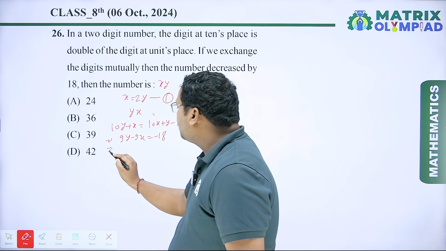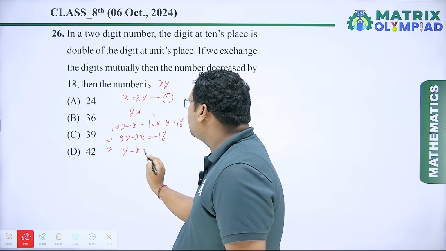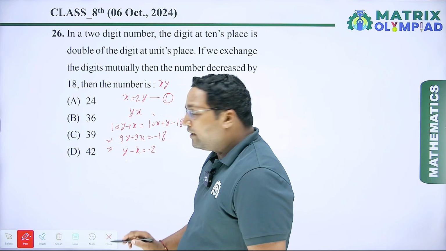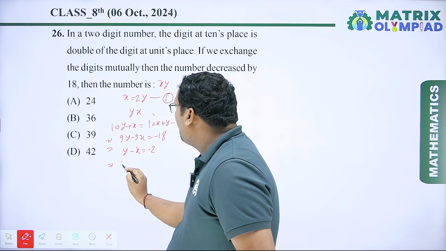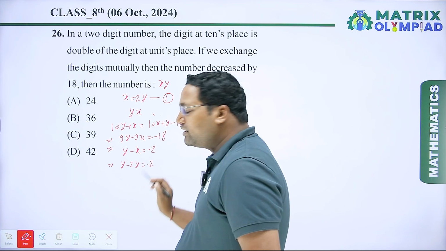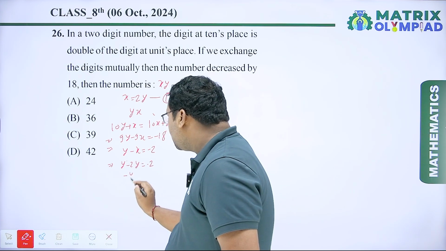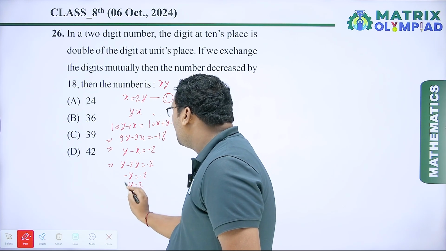Here we have to divide this equation by 9. So we will get y minus x equal to minus 2. Now we have to put the value of x. So we will get y minus 2y is equal to minus 2. So here minus y is equal to minus 2 or y equal to 2.